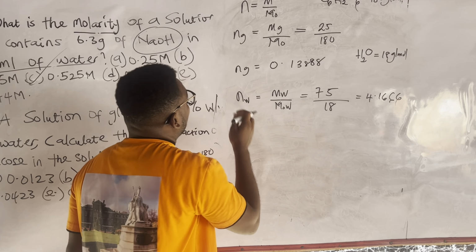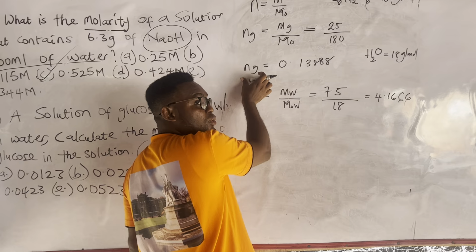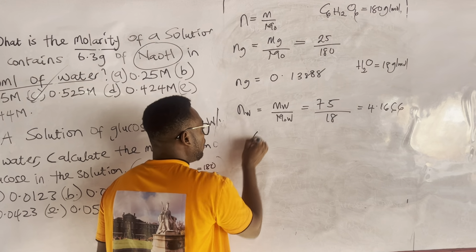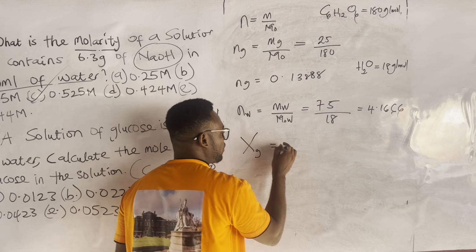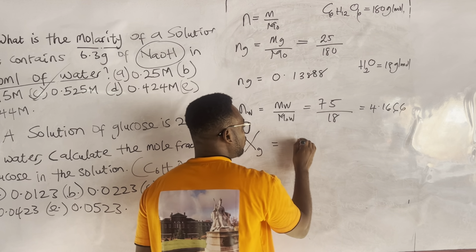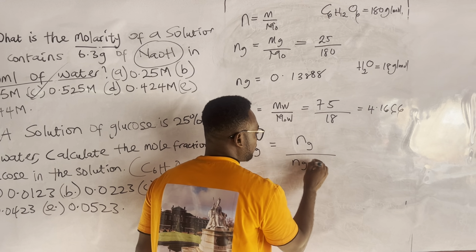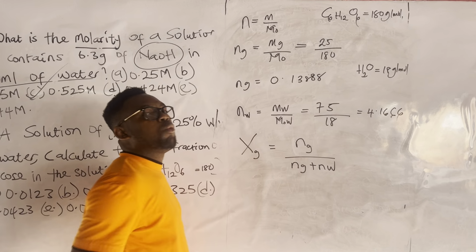All right. Now we have gotten the mole of water and the mole of glucose. How do we now get the mole fraction of glucose? Mole fraction of glucose will be equal to number of mole of glucose over number of mole of glucose plus number of mole of water.